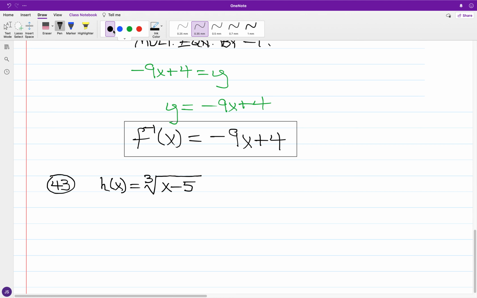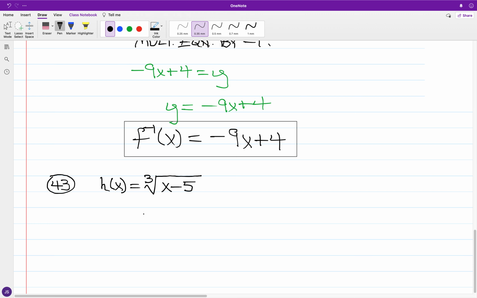I'll just kind of lay out what we have here. Because of the nature of the radical being a cubic root, you don't have the restriction that x minus 5 cannot be negative, as would be the case if you had an even root radical.